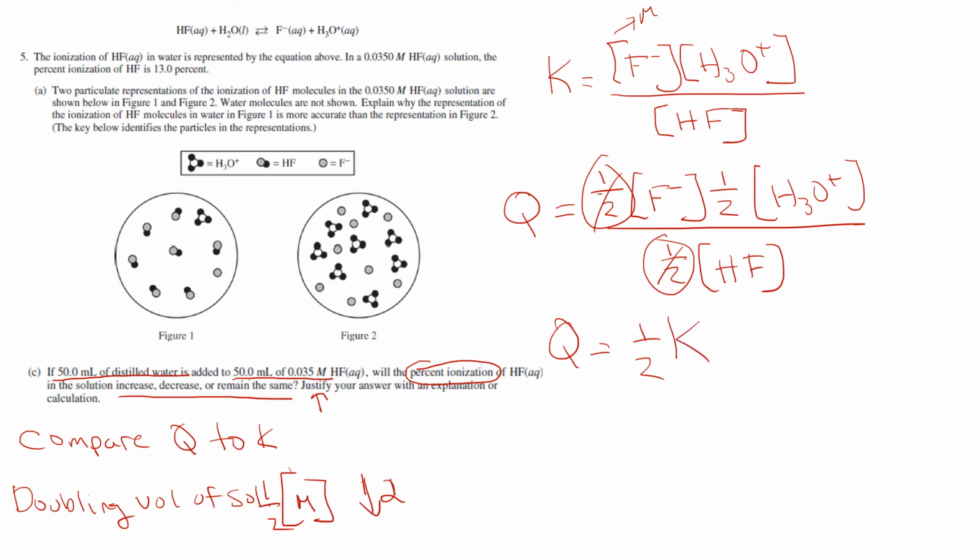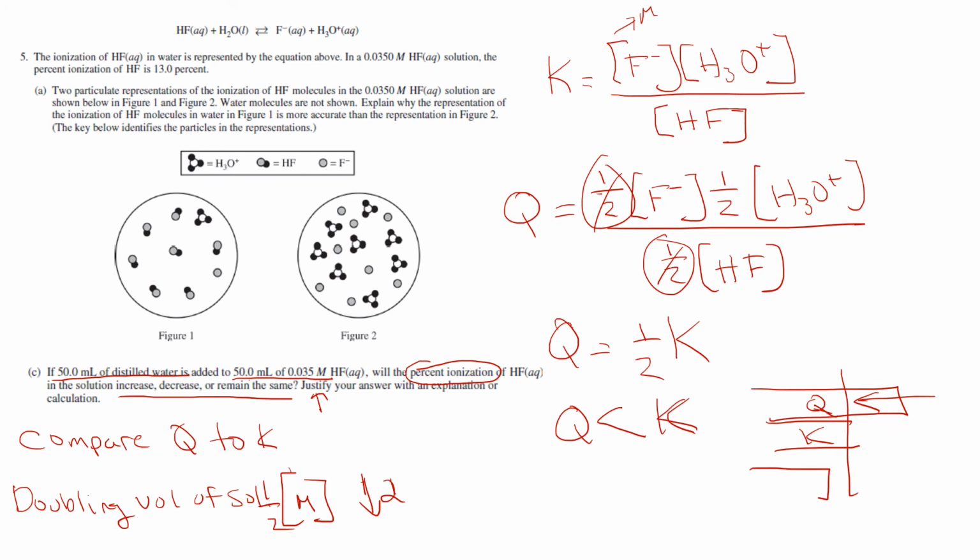So it's equal to 1/2 my K expression, which means that my Q is going to be less than my K. If my Q is greater than K, I need to go in this direction to get back to K. If my Q is less than K, I need to go in the other direction to get to K, which is my equilibrium.